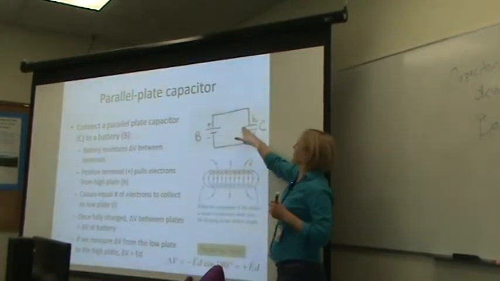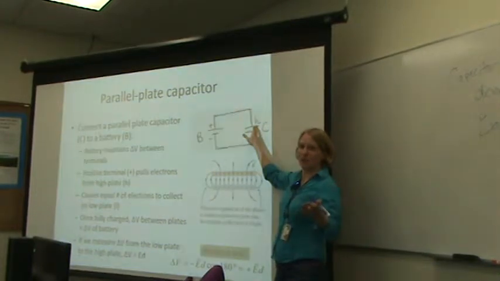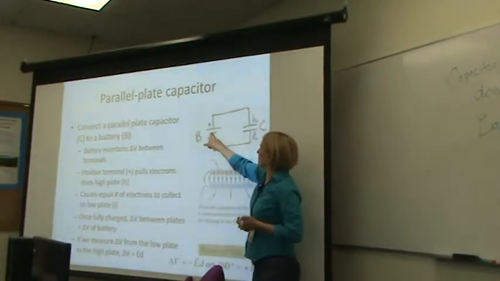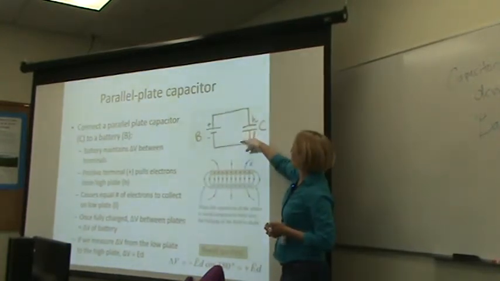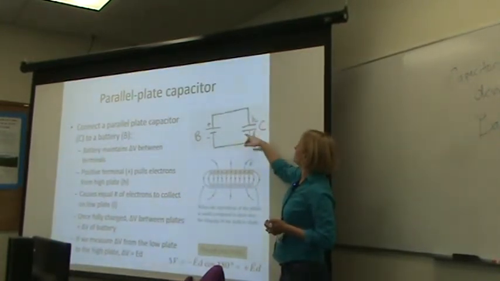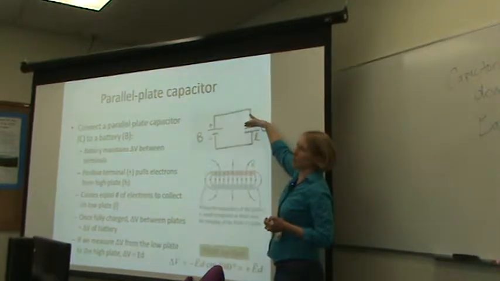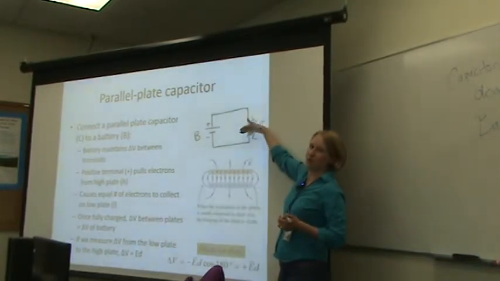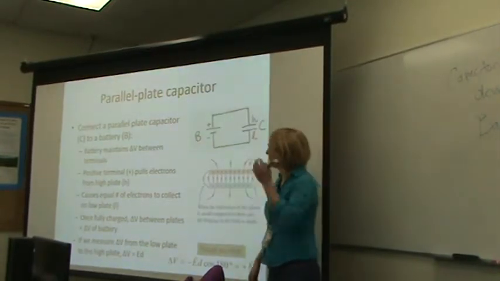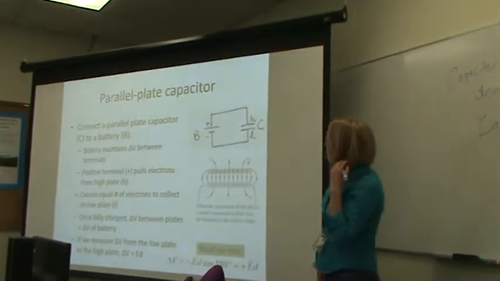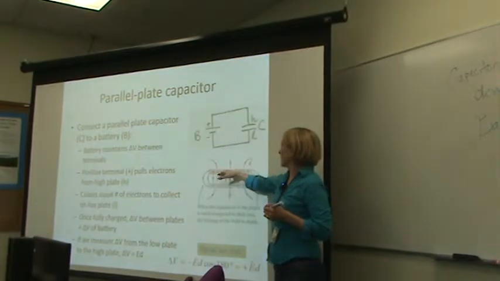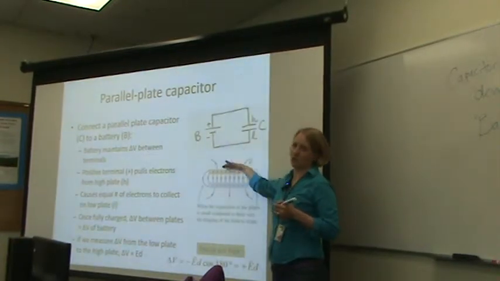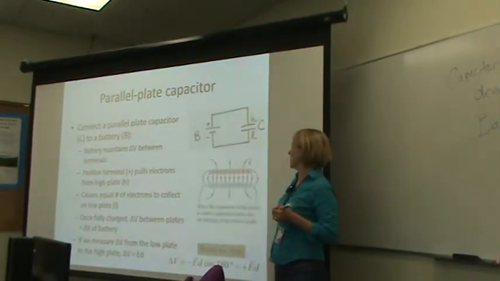That positive plate is going to attract electrons. Those electrons actually come from the negative side of the battery. So the negative plate, or the bottom plate, collects a bunch of electrons so that you have an equal number of positives and negatives on the top and the bottom of the capacitor plates. So once that happens, you build up this electric field. And that electric field is based on how many charges collect on the top and bottom plate.